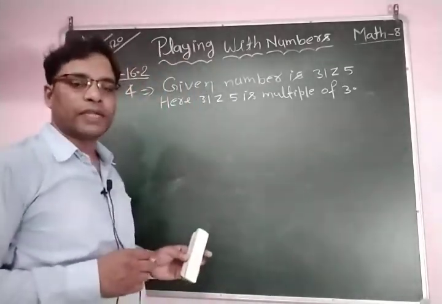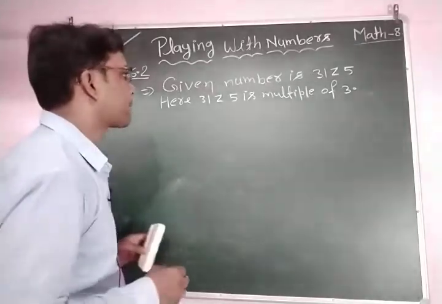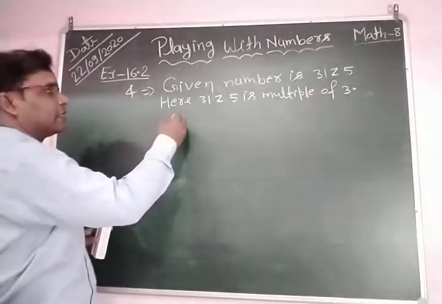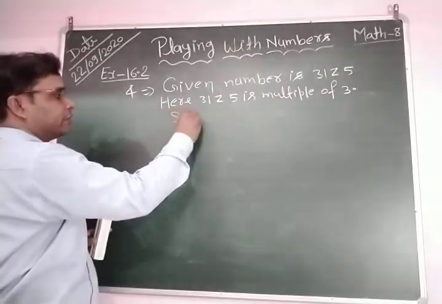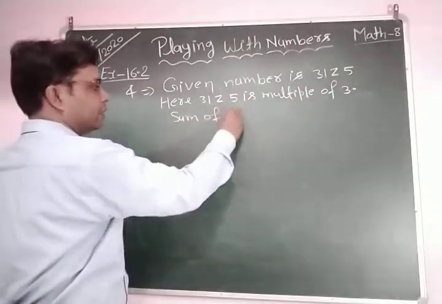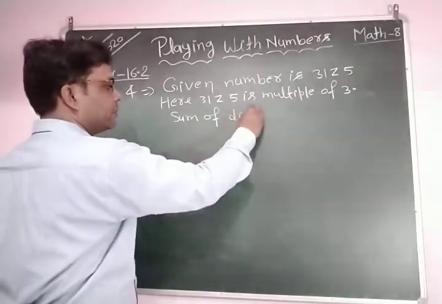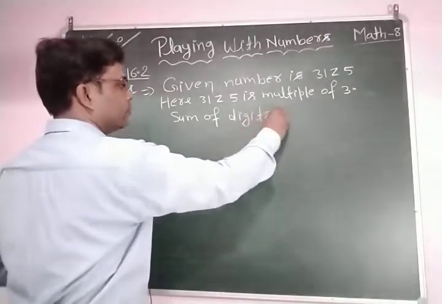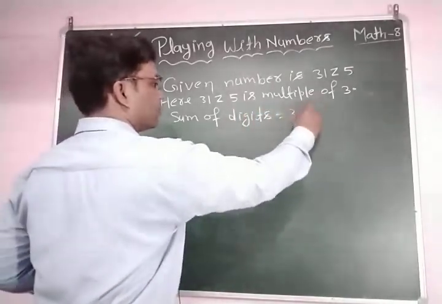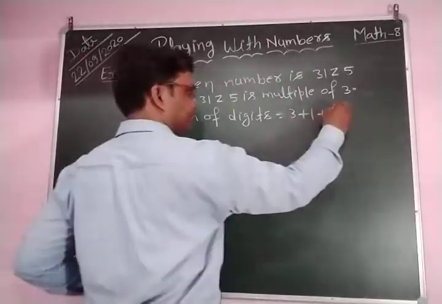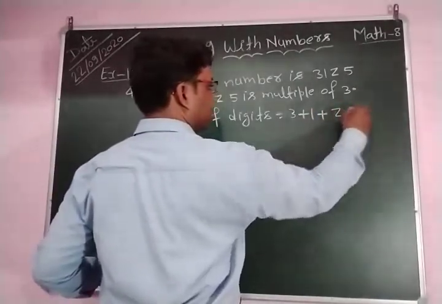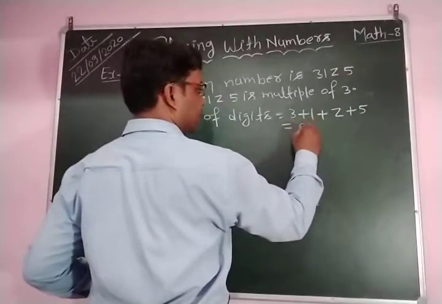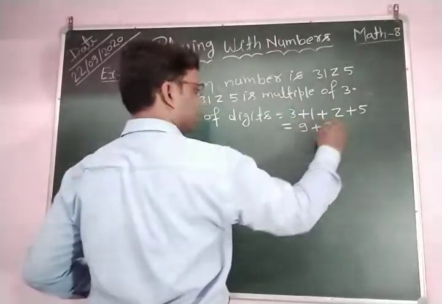So for this we find the value of z. First we find the sum of digits, which is 3 plus 1 plus z plus 5. This is equal to 9 plus z.